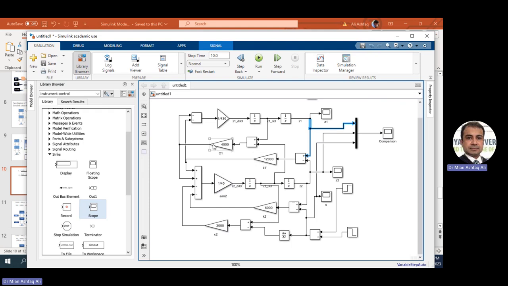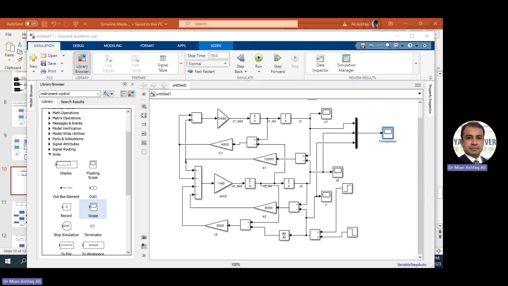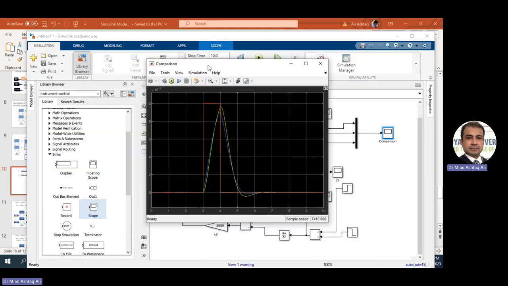And so we have all the system parameters, we have coupled those equations, and if we double click this scope and we run this simulation, we get this result actually.